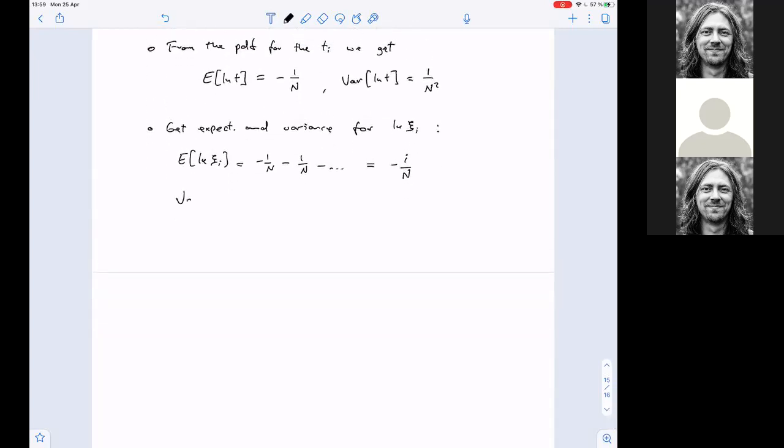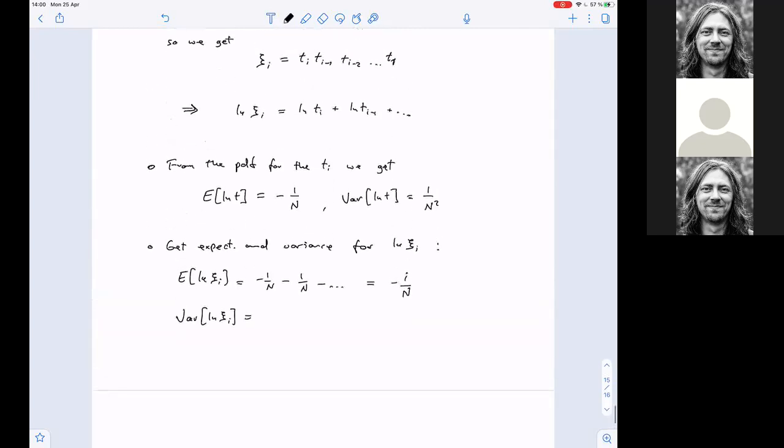And similarly, we get the variance of this quantity. Again, we're dealing with this sum, and because these t_i variables are independent random variables, the shrinkage factor in one set is completely unrelated to the shrinkage factor in another set.